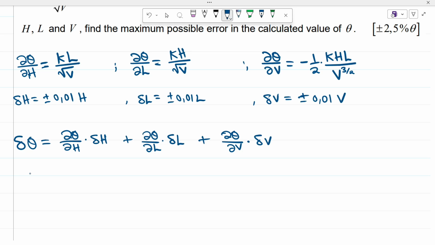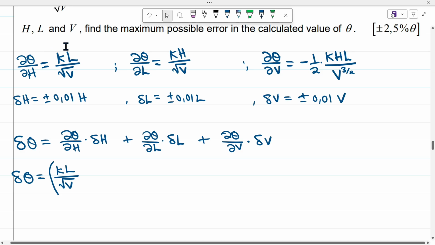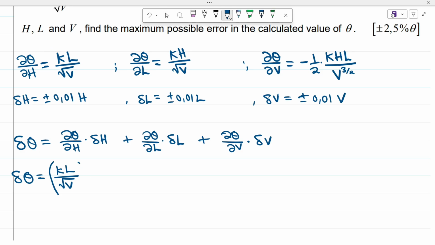So let's go. Our maximum percentage change of theta is going to be equivalent to, we substitute our kl over root of v, which we got here. Remember we already calculated that, and then multiplied by the percentage change.